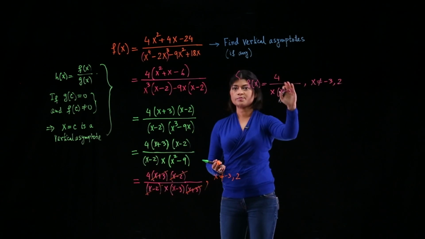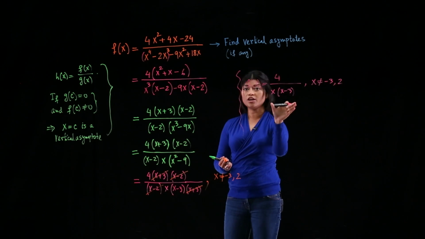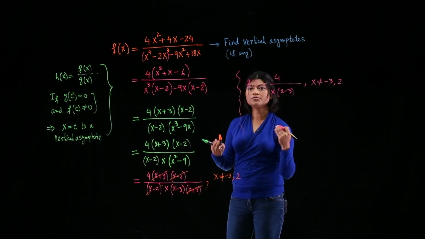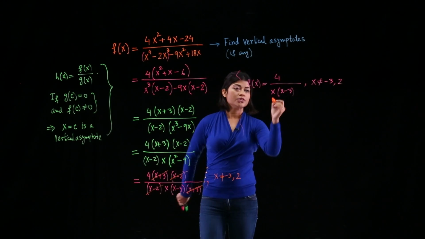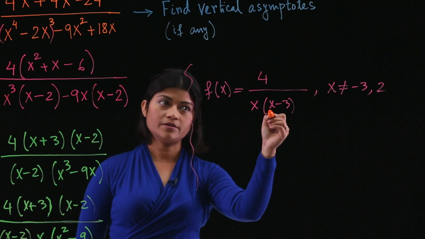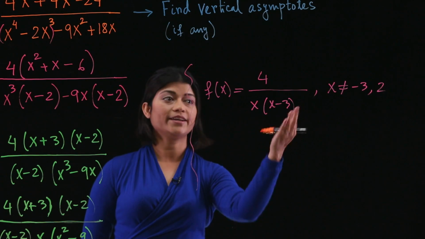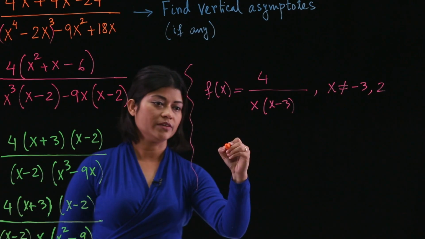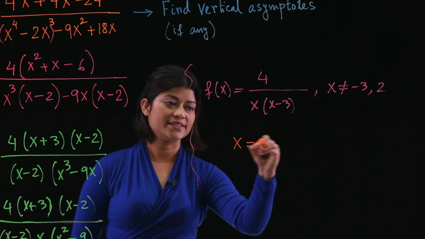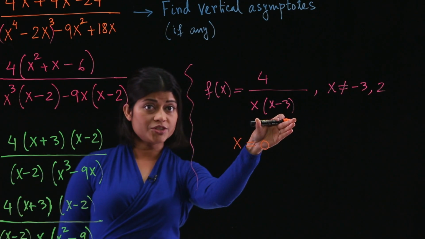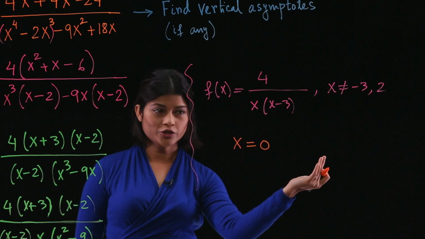Now, look at this expression. Look at the numerator and denominator separately and figure out if there are any vertical asymptotes. Okay, so we have two factors in the denominator. When each one is 0, we get the denominator 0. One of the factors is x. So when x equals 0, denominator is 0, numerator not 0.